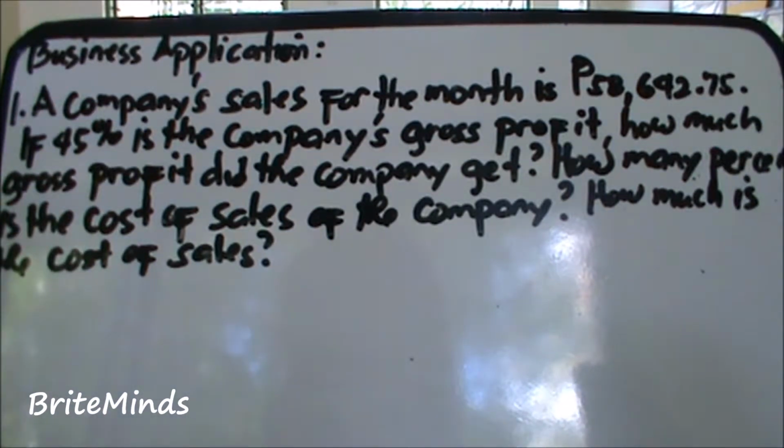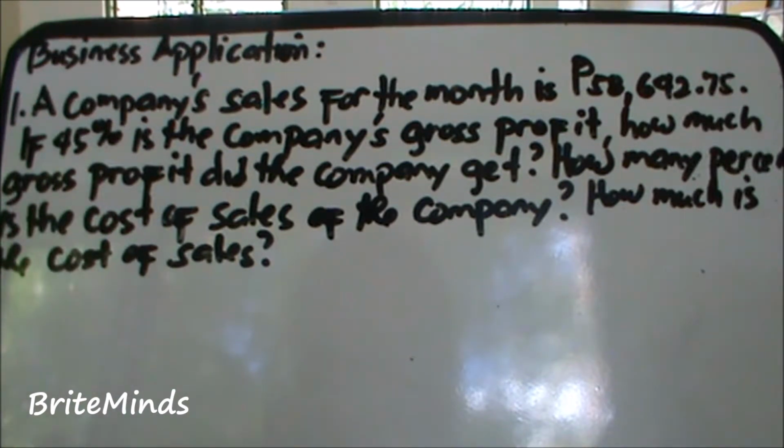We have here a business application scenario. A company's sales for the month is 58,642 pesos and 75 centavos. If 45% is the company's gross profit, how much gross profit did the company get?